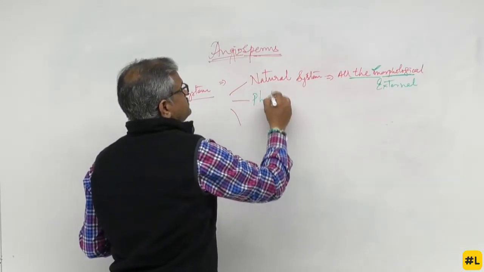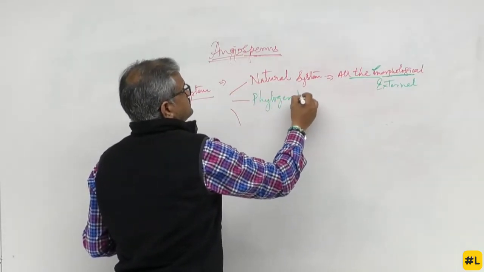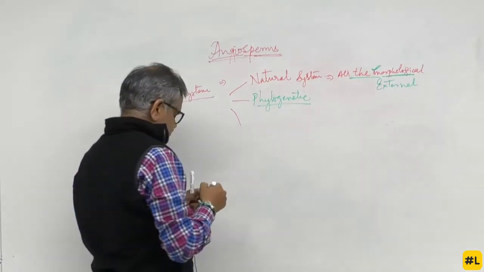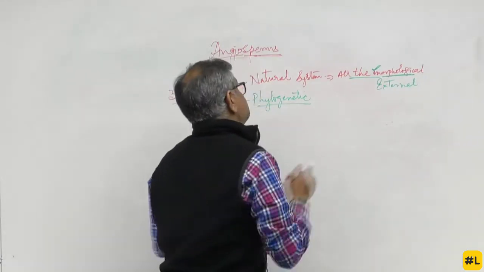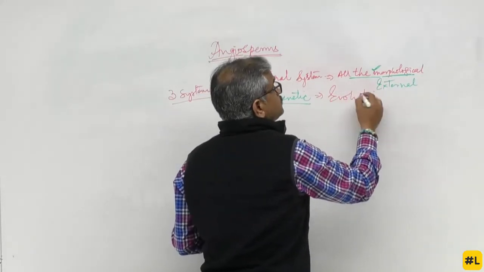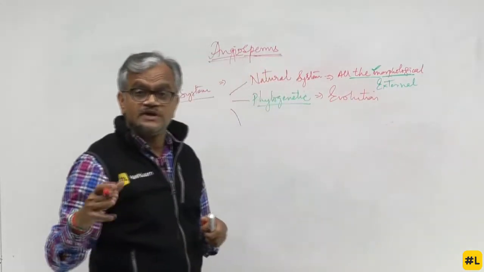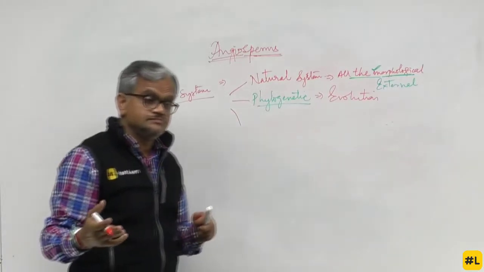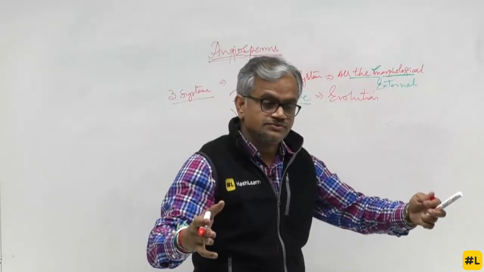Next comes phylogenetic. When I say phylogenetic, the most important thing is we talk about the entire evolution. What is their genesis? How have they come? What is so unique about it?